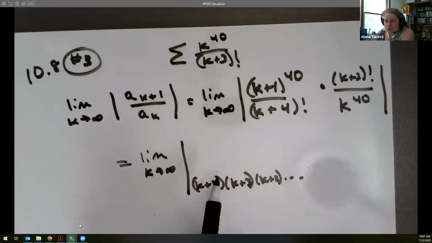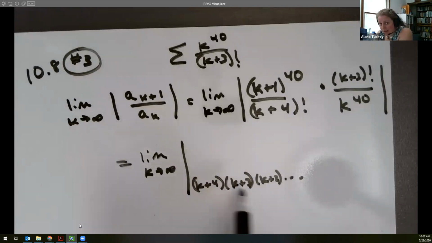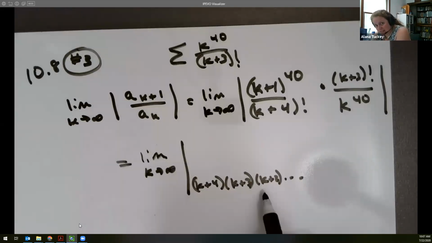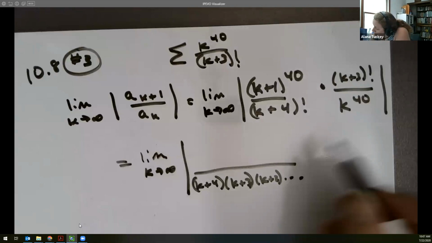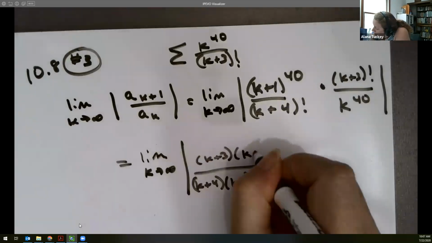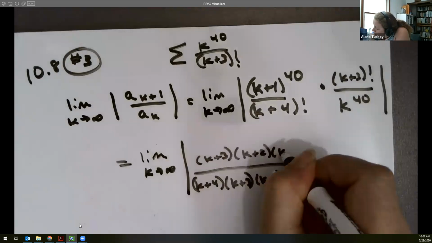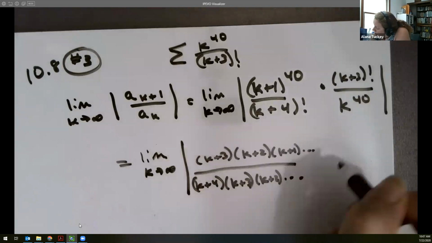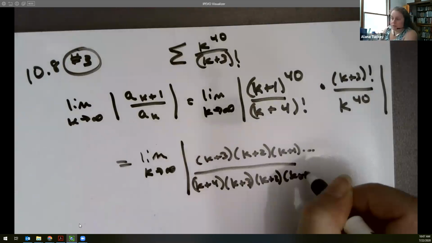And a few people just went from k plus 4 to k. And I'm like, no, it works its way down. So you start with k plus 4, then k plus 3, then k plus 2, k plus 1, k, and so on, right? And then this guy over here is k plus 3 factorial. So it's k plus 3, k plus 2, k plus 1, right? So there's those ones.